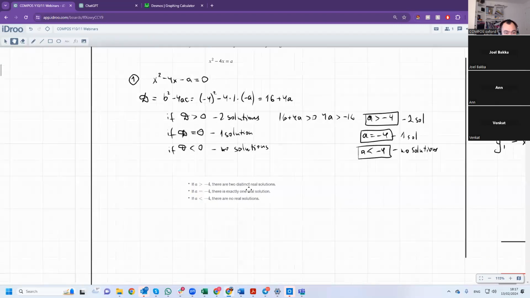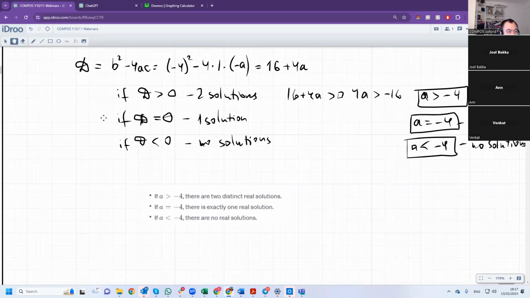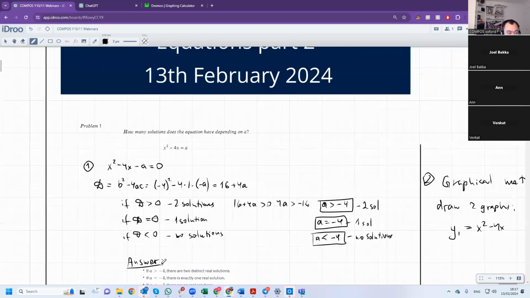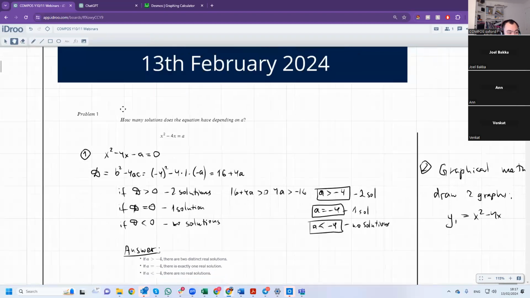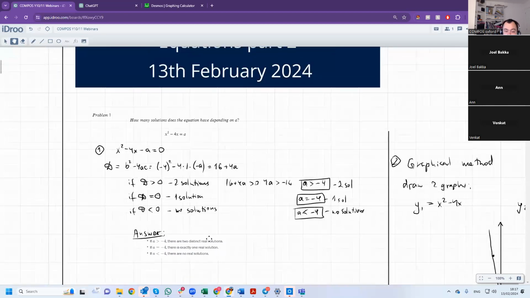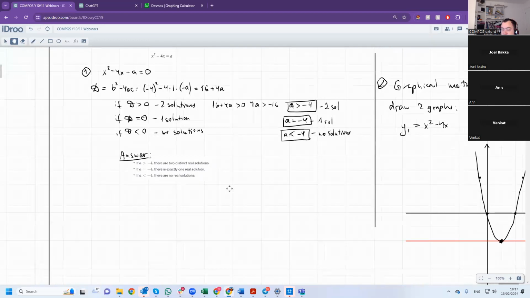Oh, here. This is the answer. Sorry. How many solutions does it have? So if a is equal to -4, it's one solution. If it's less than -4, it's no solutions. If it's greater than -4.